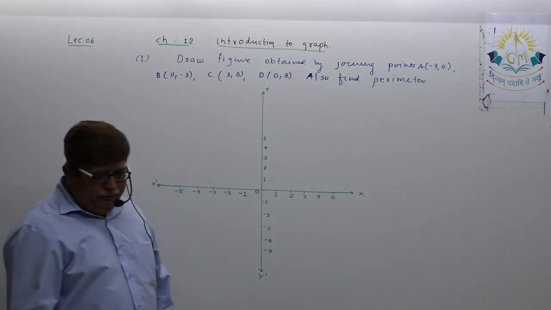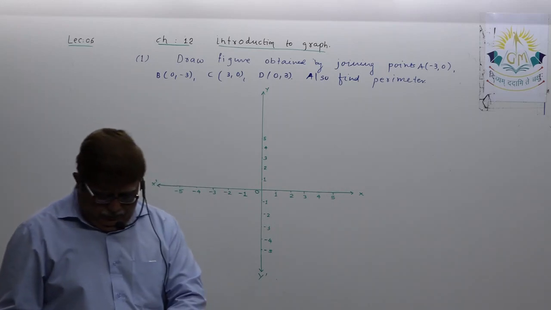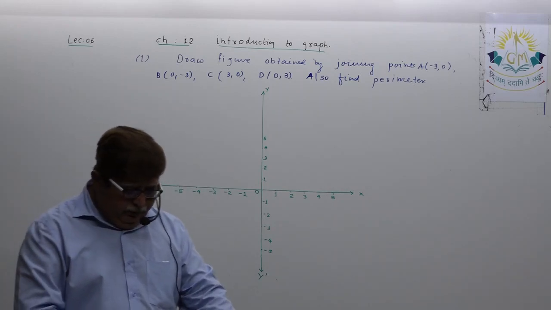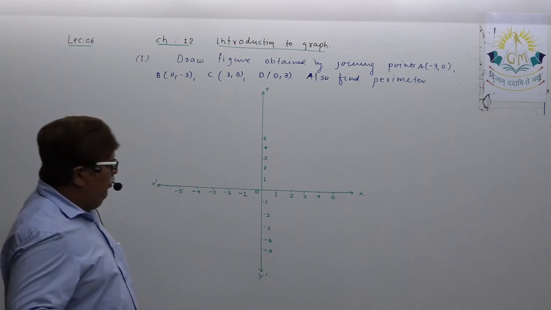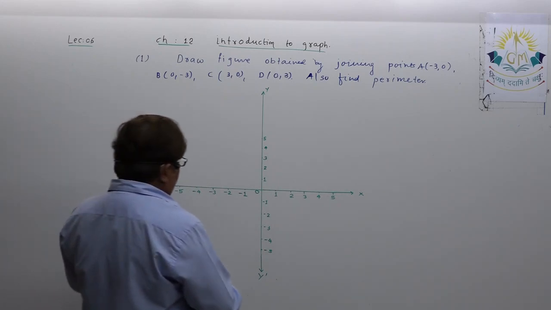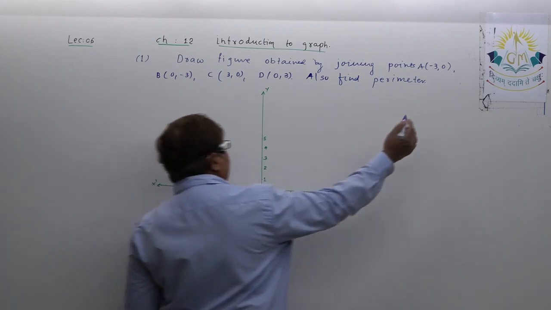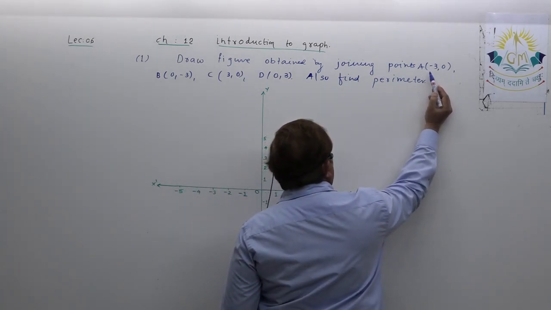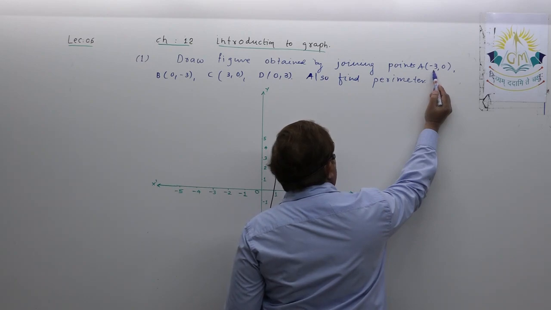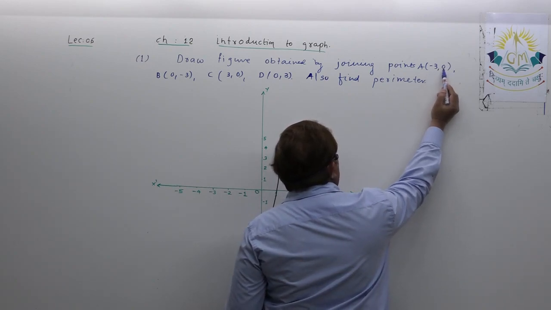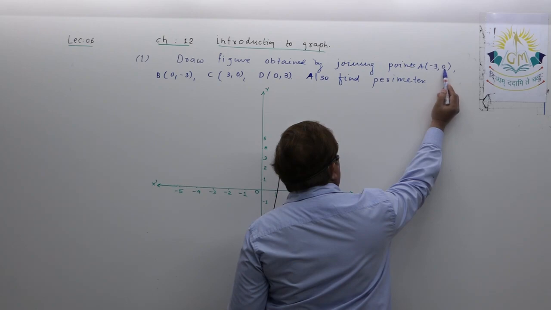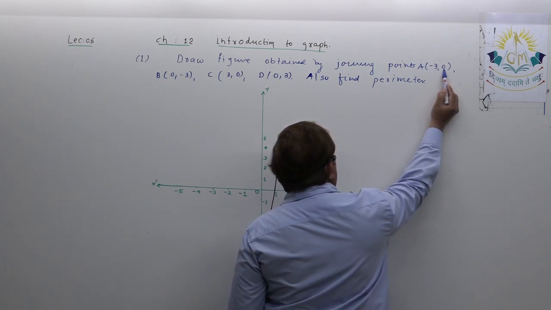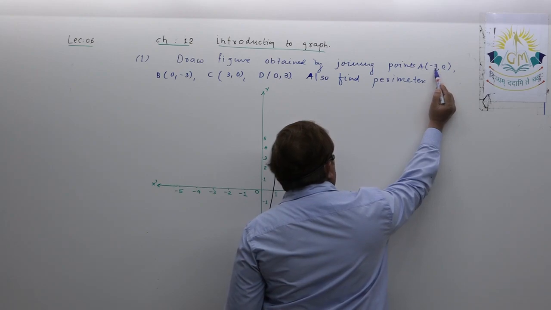Now let us locate all the 4 points one by one. The first point, dear student, very important, A minus 3 comma 0. Here the y coordinate is 0, the x coordinate is minus 3.